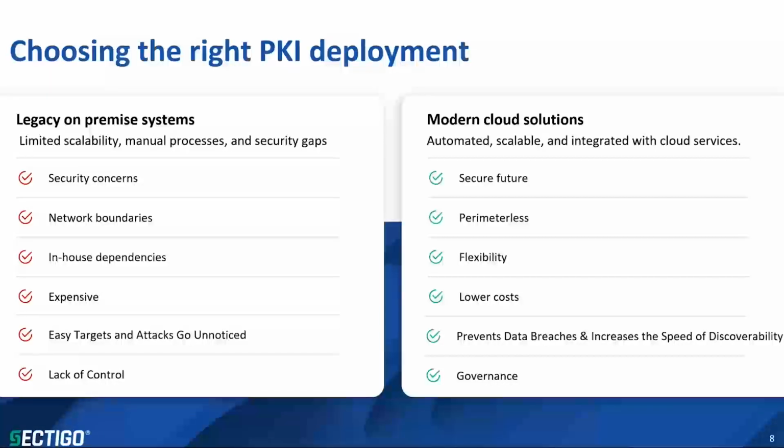You see some things here about legacy systems that really work on only very specific network boundaries, if at all. And I like this word perimeterless, because once you have strong door locks, Tim, it changes the game about your ability to rigorously control access.